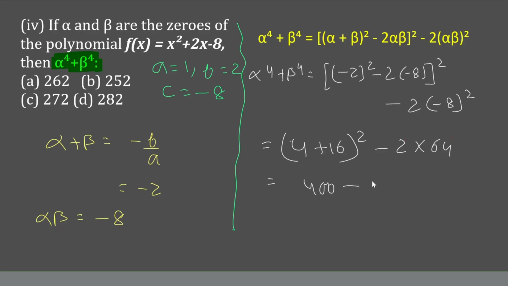This is 400 and this will be 128, right? So we are going to subtract 128 from 400. So 400 minus 128 comes as 272, right? 272. So we can say that the value of this is 272. Yes, option C is correct in this case.